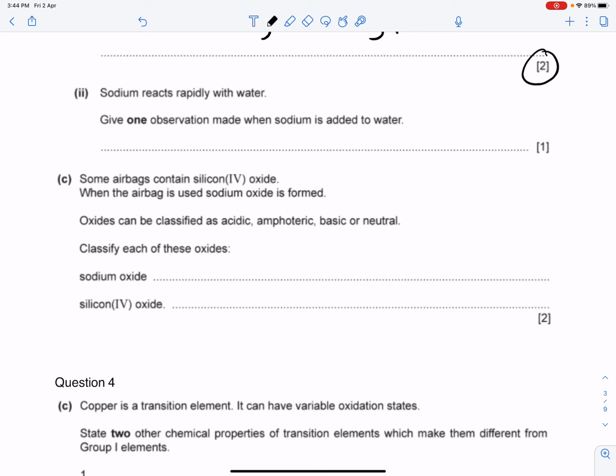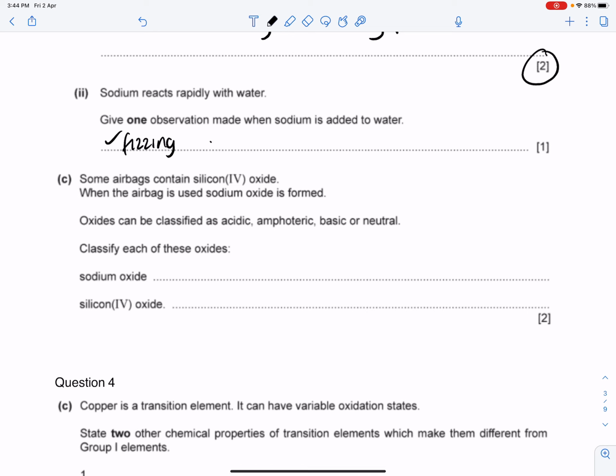Sodium reacts rapidly with water. Give 1 observation made when sodium is added to water. So what are you going to notice? You'll notice that it says sodium, so we can't use the same one as we used before, which is the lilac flame, because only potassium burns with the lilac flame. However, we can do fizzing, or we could say bubbles were formed.